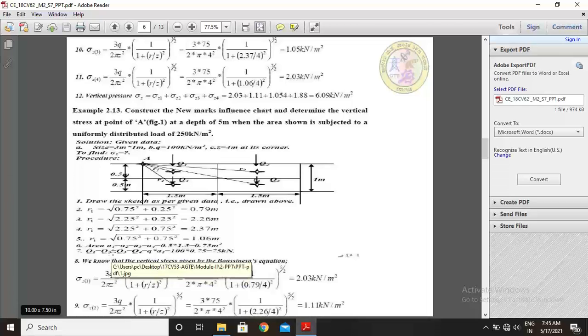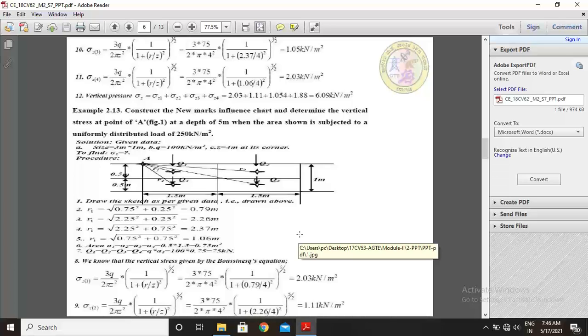A1 equal to A2 equal to A3 equal to A4 is equal to 0.5 into 1.5, so we are getting 0.75 meter square. Now you convert q into a point load, so Q1 equal to Q2 equal to Q3 equal to Q4 is equal to q into A1, that is 100 into 0.75, we are getting 75 kilonewton. That is the point load.